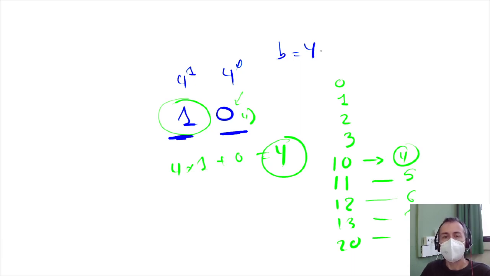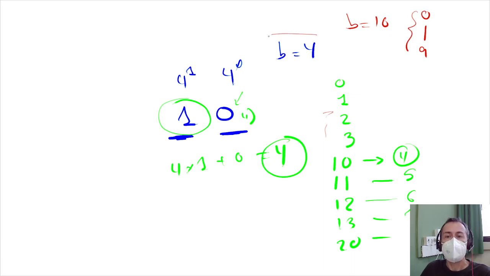Okay, so the important thing here is that we don't need 10 different digits like we usually do. When we are working with base 10, we need from 0 to 9, because if we didn't have so many digits, we wouldn't be able to represent all numbers. We would have gaps here.